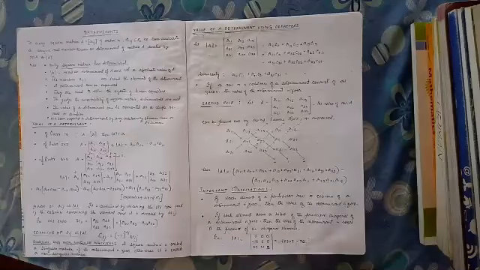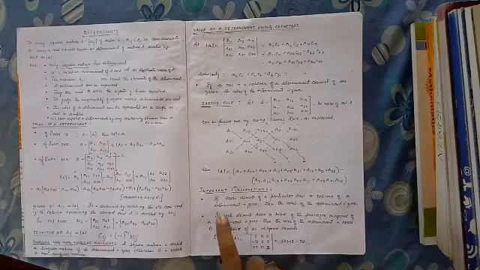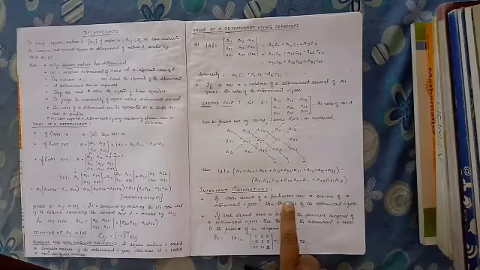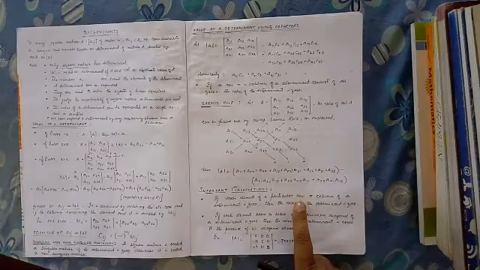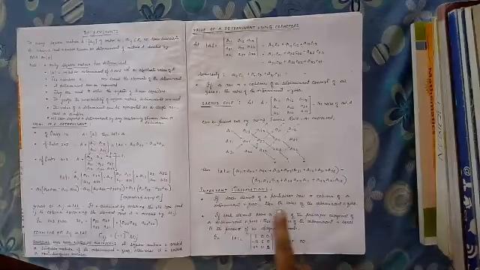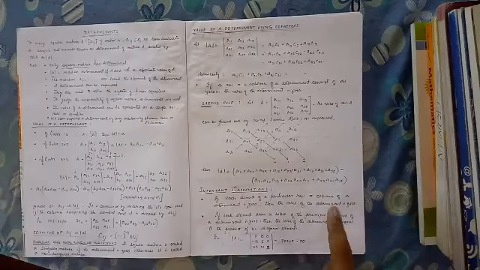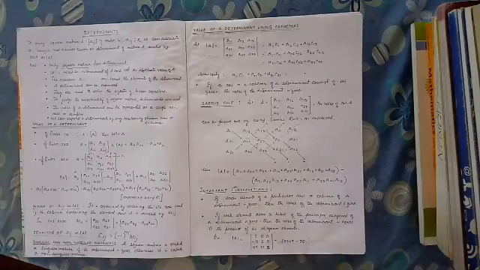Now some important observations regarding determinant. What is that? If each element of a particular row or column of a determinant is 0, then the value of the determinant is 0, as we have told you.